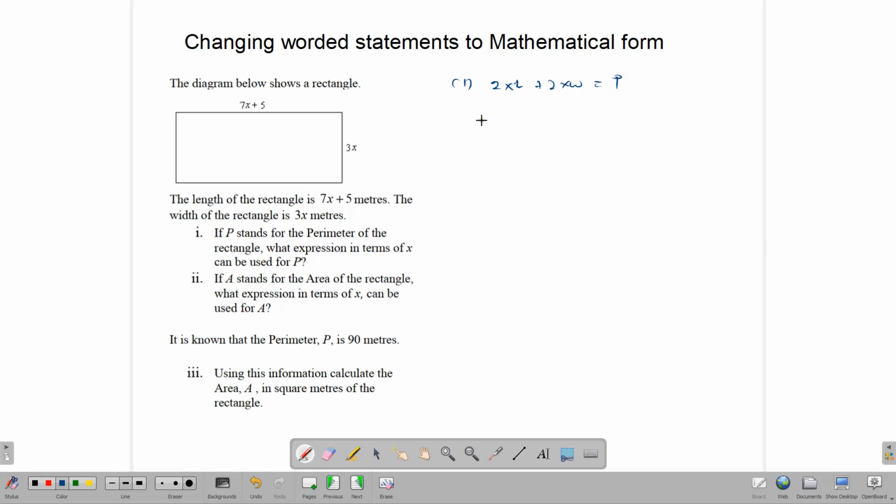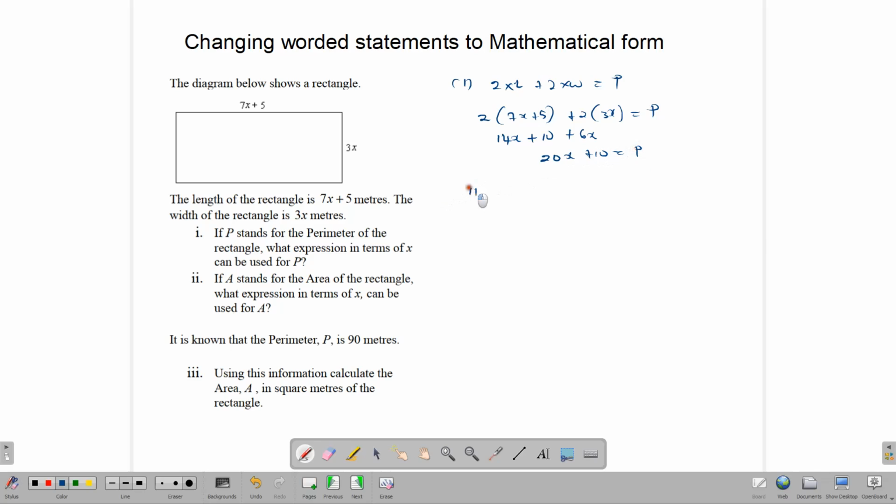And the length is 2 times 7x plus 5 plus 2 times the width, and that would give us the perimeter. Now, the question didn't ask us to simplify it, but we can simplify it. So 2 times 7x is 14x plus 10 plus 6x, which gives us 14 plus 6 is 20x. So we have 20x plus 10 gives us the perimeter.